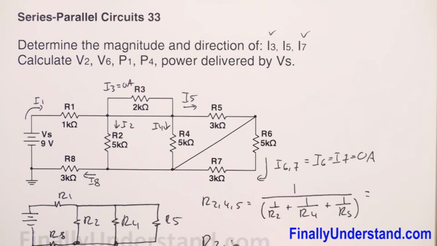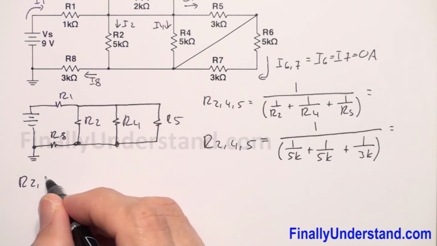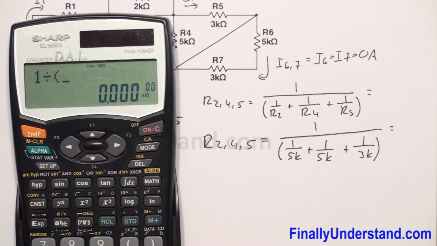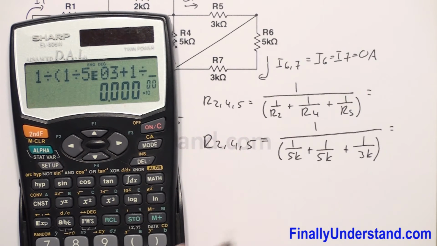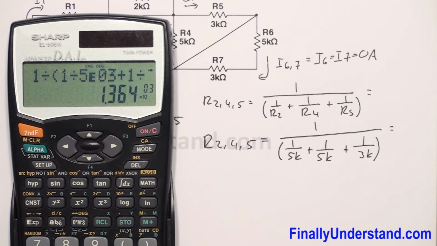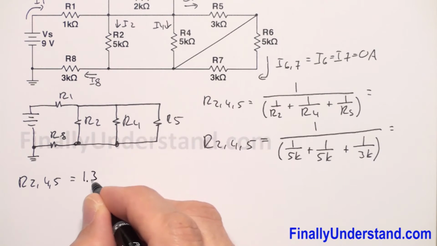This is equal to 1 divided by 1 over R2, which is 5K, plus 1 over R4, which is also 5K, plus 1 over R5, which is 3K. So R245 is equal to 1 divided by (1/(5×10³) + 1/(5×10³) + 1/(3×10³)). This is equal to 1.36 kilo ohms.